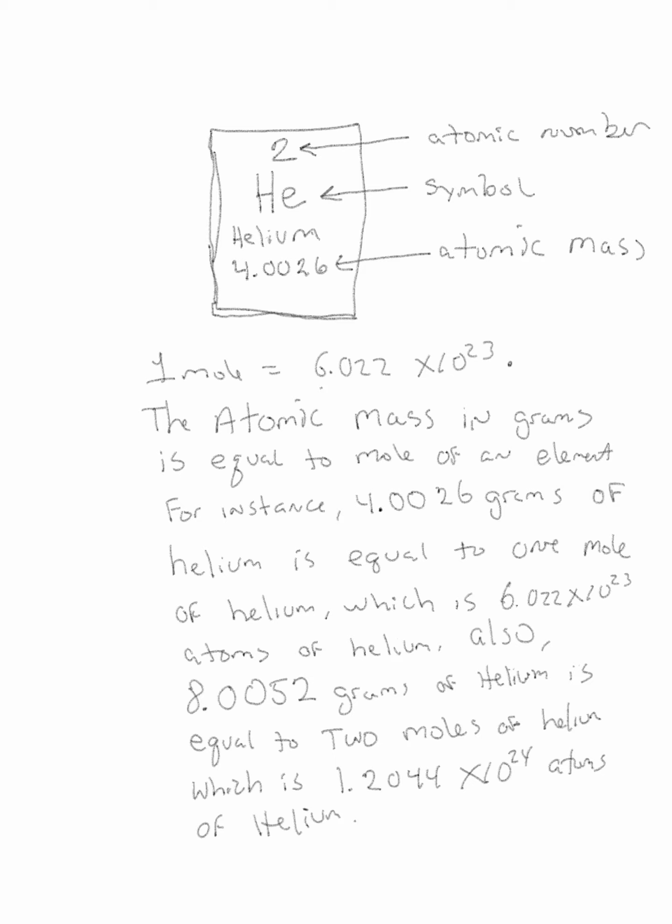So for instance, if we have 4.0026 grams of helium, that's going to be 6.022 times 10 to the 23rd atoms of helium, which again is 1 mole. If we doubled it, so if we had 8.0052 grams of helium, you would have 2 moles.